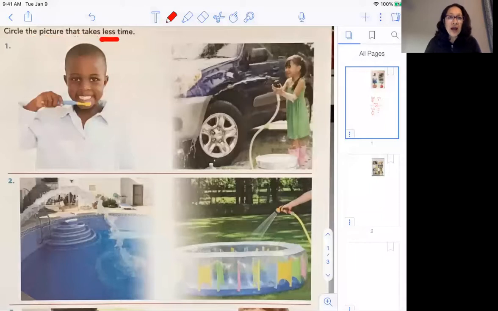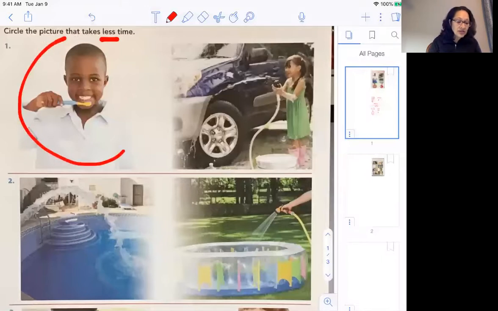So now we're going to see the little boy brushing his teeth and the little girl washing the car. Which is going to take less time? I know you have to brush your teeth carefully, right? But even if you brush your teeth carefully, is it going to take less time than washing the car? Yes, you're right.